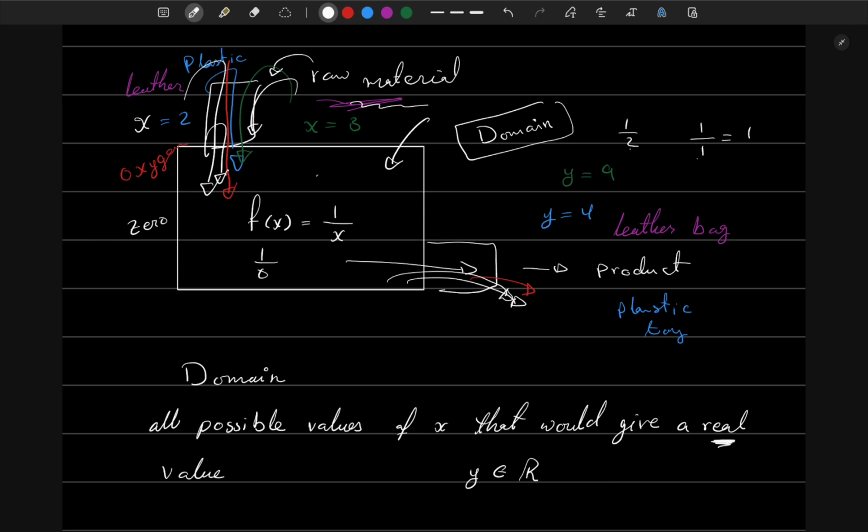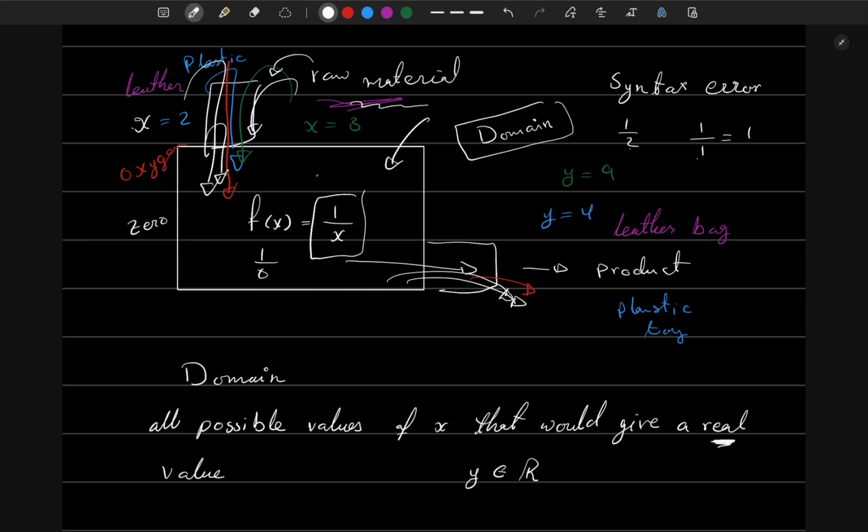If you use a calculator and you put in 1 over x and then try to put x as 0, it will simply tell you that it cannot do that. Most calculators will say syntax error, and this literally means that this function cannot be done with this value, or you cannot divide by 0.